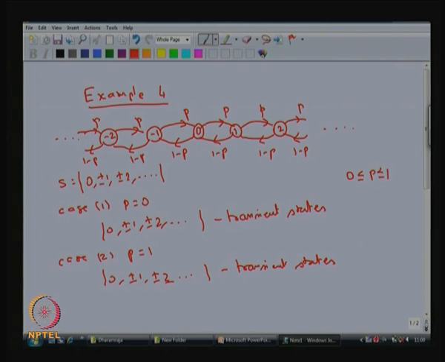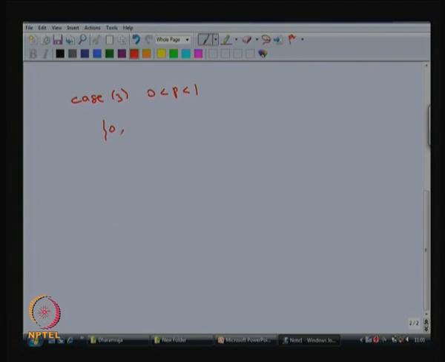Therefore, if you include all the possible steps, you will come to the conclusion that it takes an even number of steps to come back to the same state. So, if you do the simple exercise we did in the earlier case, you can conclude that the states 0, plus or minus 1, plus or minus 2 and so on are all going to be recurrent states.